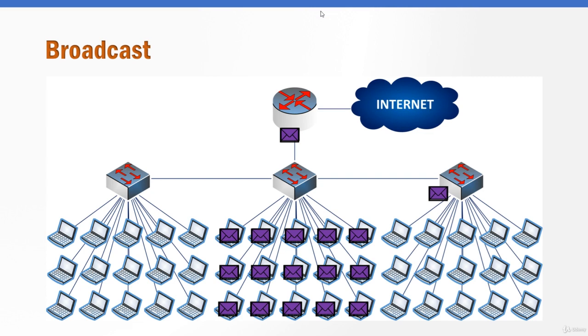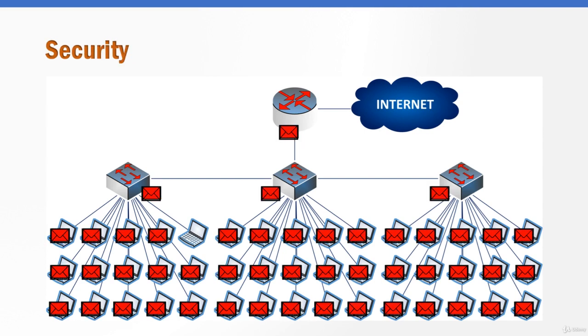Now, the router is not going to forward the packet because routers generally do not forward broadcasts, but this switch is going to forward the packet to all of the PCs in its network. So in the end, these are all of the devices on this network that have received this broadcast.